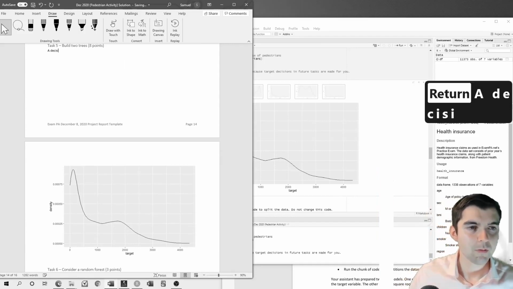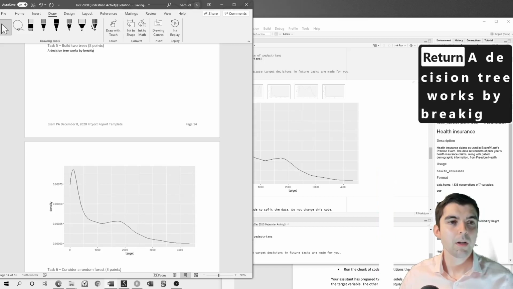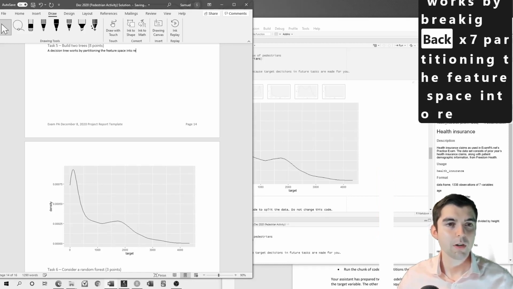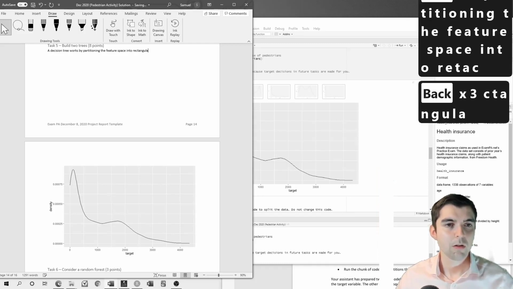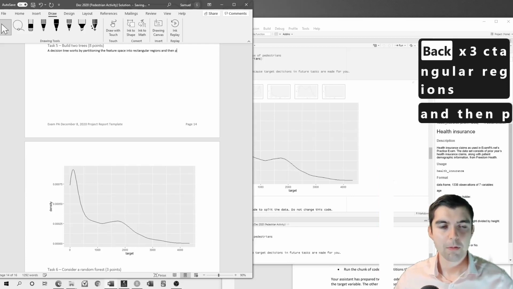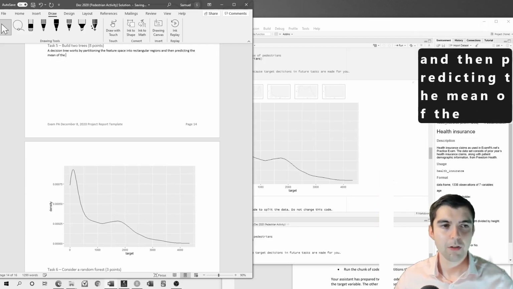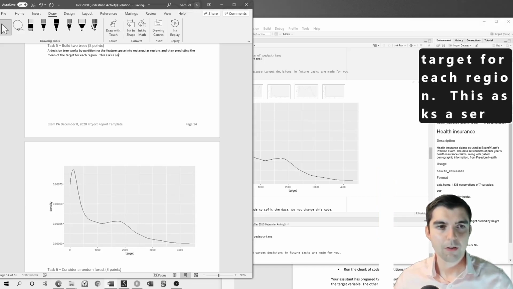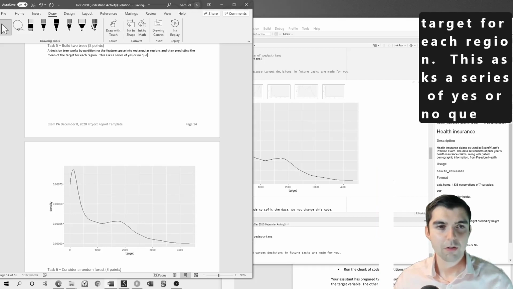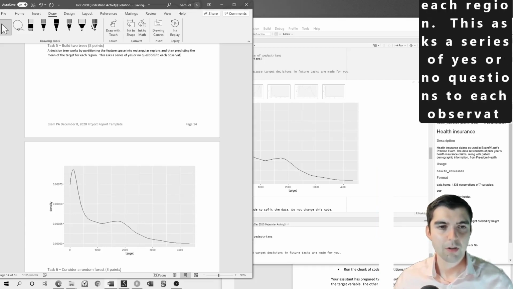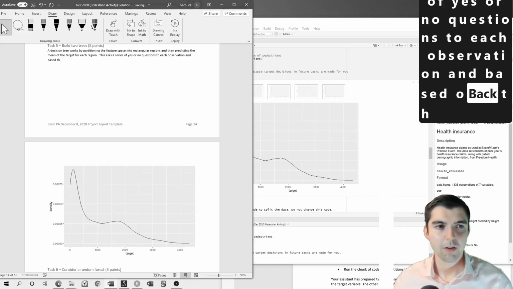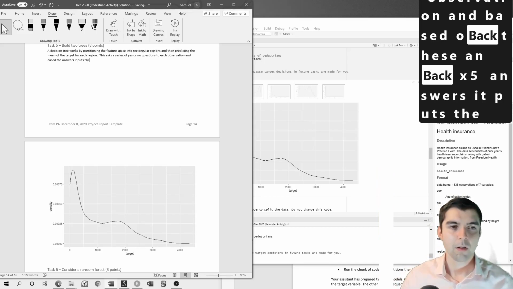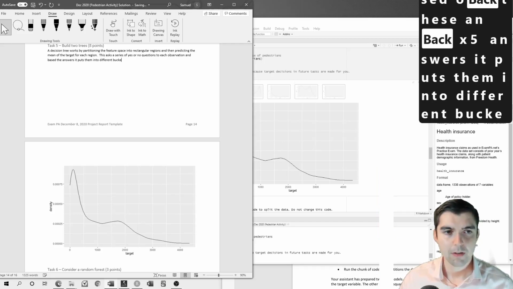So a decision tree works by partitioning the feature space into rectangular regions and then predicting the mean of the target for each region. This asks a series of yes or no questions to each observation, and based on the answers, it puts them into different buckets.